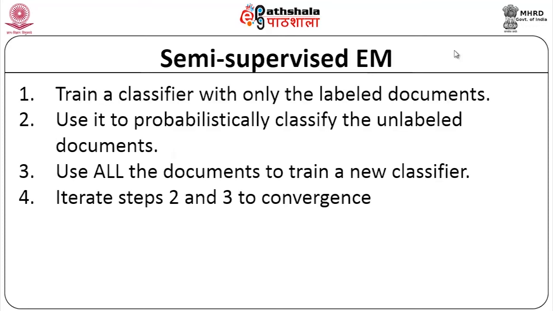Train a classifier with only the labeled documents or data. Use it to probabilistically classify the unlabeled documents. Most examples use documents as the data. Then use all the documents to train the new classifier, so you are probabilistically classifying the unlabeled documents. Keep repeating steps 2 and 3 until convergence occurs.